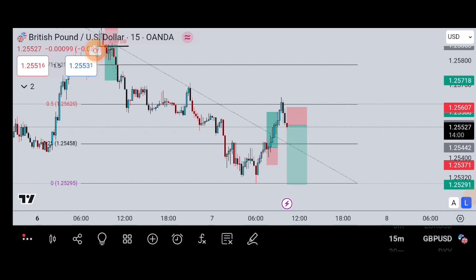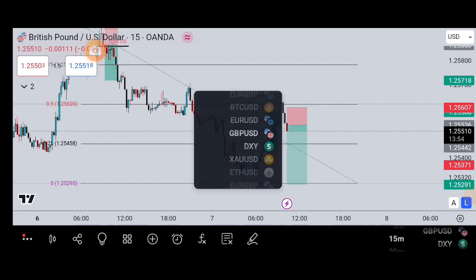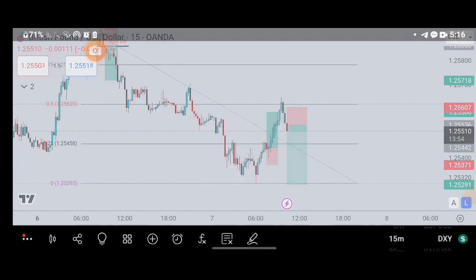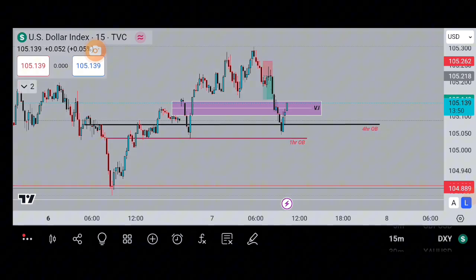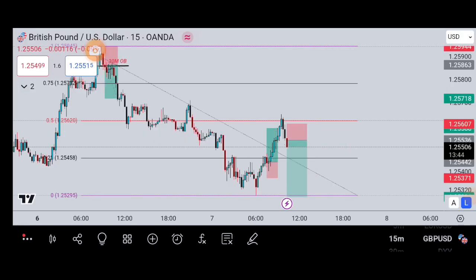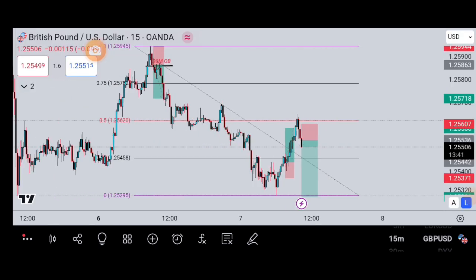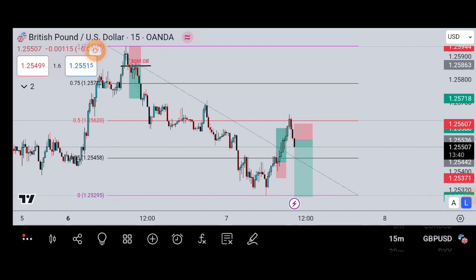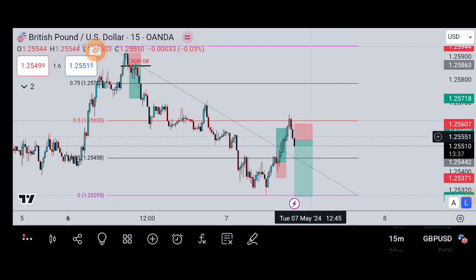My stop should be, so yeah, I'm looking for a place where to put my stop. I think it's ideal to be above this high.